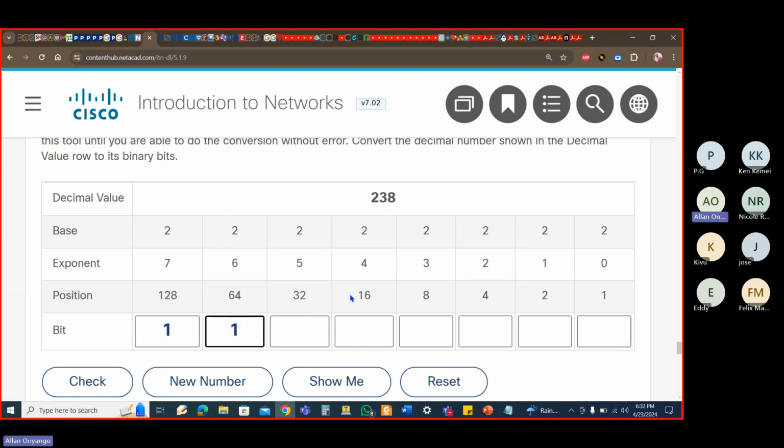Now, for 46, we need to know which numbers we can add to get 46, or we can still subtract 32. 46 minus 32? 14. Which numbers if you add give 14? 8 plus 4 plus 2. 8 plus 4 is 12, plus 2 is 14. Then the rest you fill with zeros.